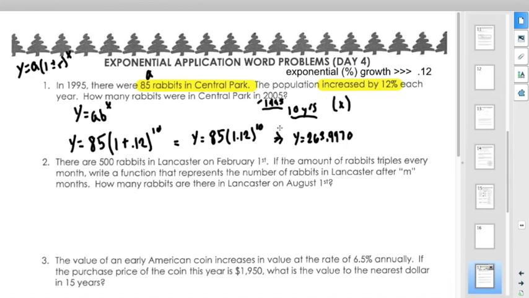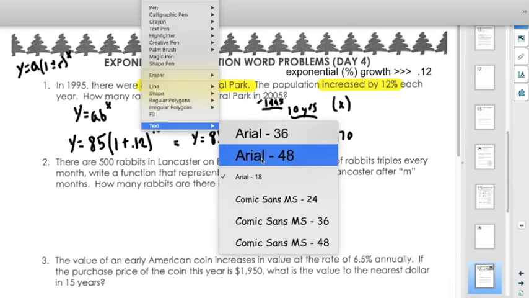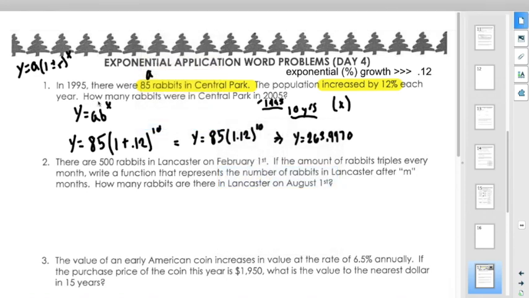Now, little footnote. What did we just find? We found how many rabbits there were in Central Park in 2005. 263.99. We are working with a living, breathing object in this case, so I'm not going to round up to 264. I didn't hit that number of rabbits. Anytime we're working with living, breathing objects, you round down.